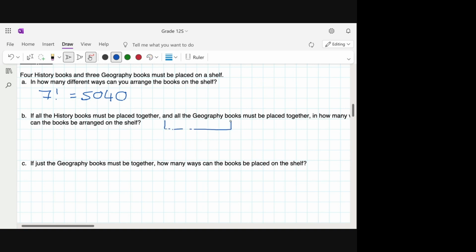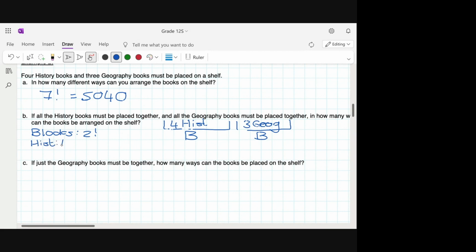Here are my 4 history books. Here are my three. Oh, my pen is going flat. Sorry, guys. There are my three geography books. Here is block 1, and that's a block. So, in terms of blocks, I've got 2 factorial, 2 blocks. Within block 1, what do I see?